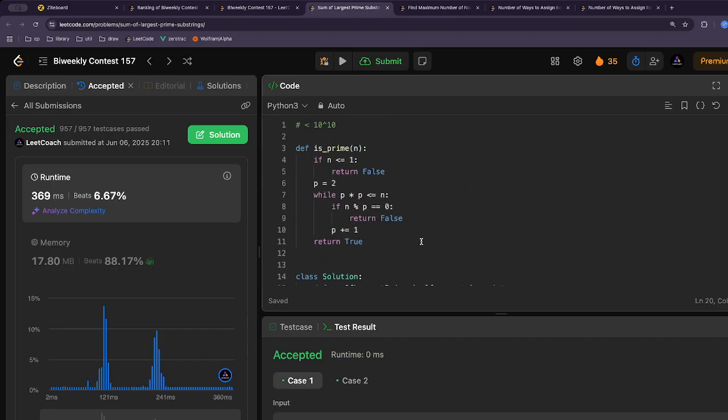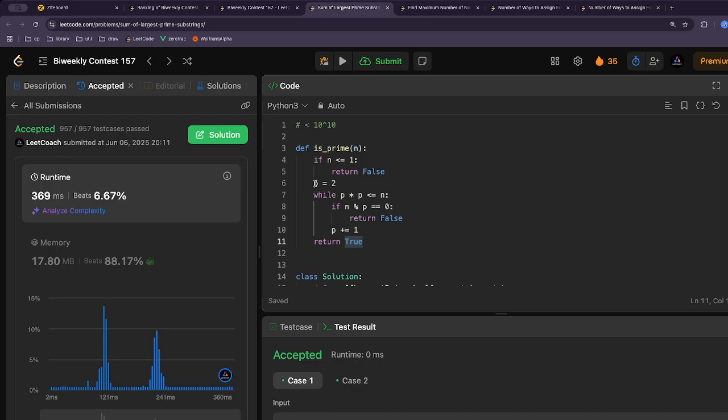Anyways, so how can we improve this? One kind of dirty optimization would be, notice that we only need to care about division by primes.